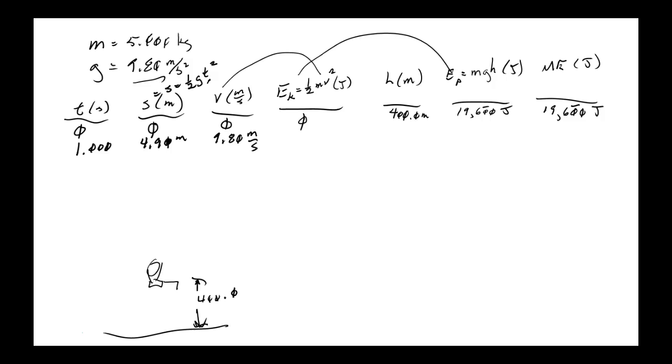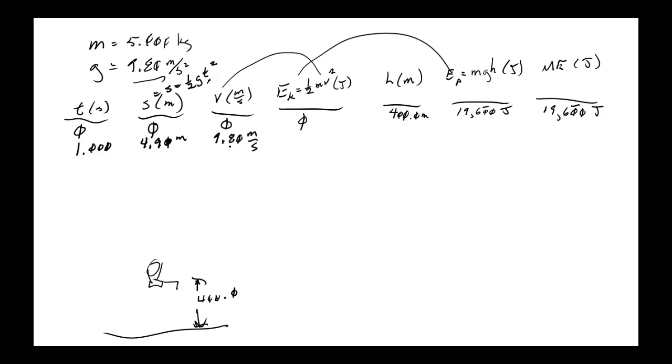Now, this time it does have a velocity, 9.8 meters per second. So now it will have some kinetic energy. And that will be 1/2 the mass. The mass is 5, so that would be 2.5 kilograms times this velocity squared, 9.8 squared.